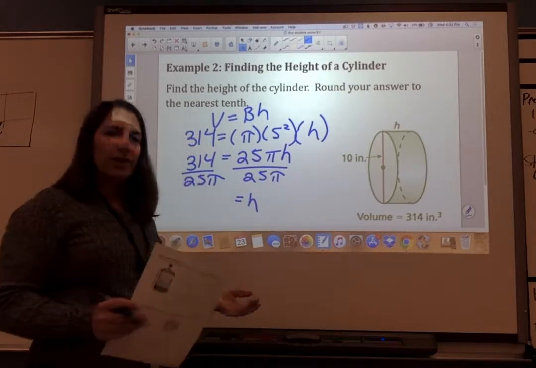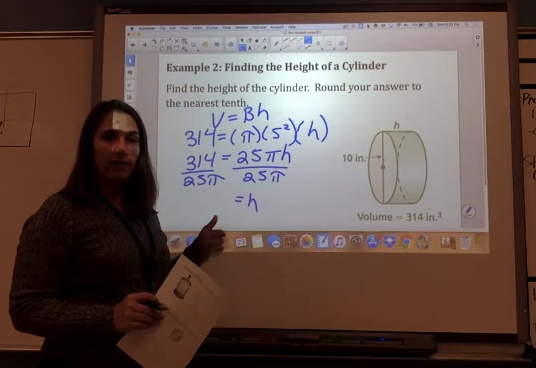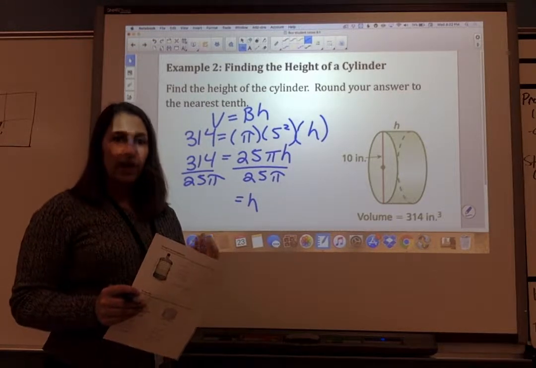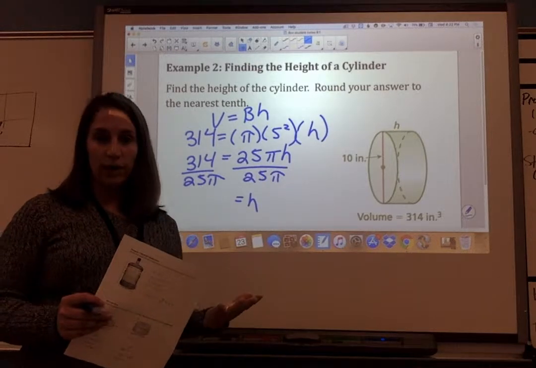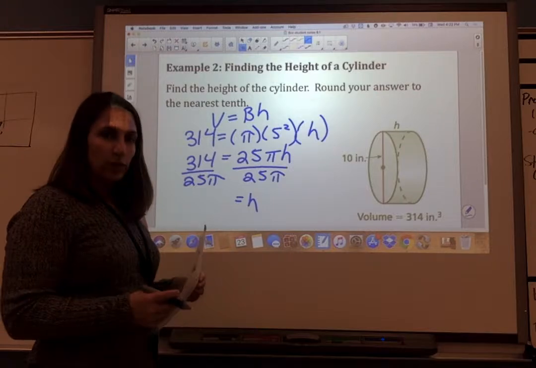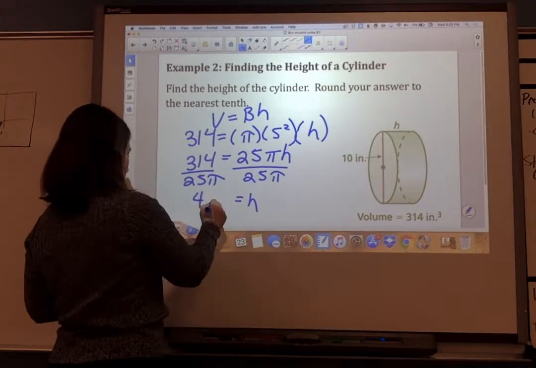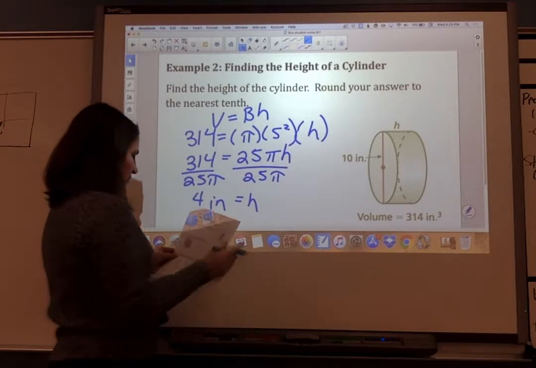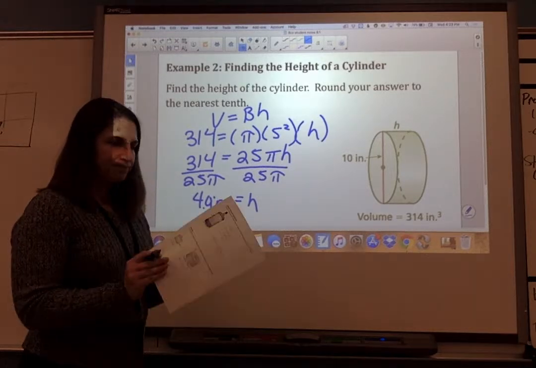Now when you do this on your calculator, you'll say 314 divided by 25, and if that's a decimal answer, leave that in your calculator and divide that answer by pi. Don't round and then round a second time. You only want to round once at the end. So in this case, h is just about 4 inches. If we're rounding to the nearest tenth, I believe that's 4.0 inches.